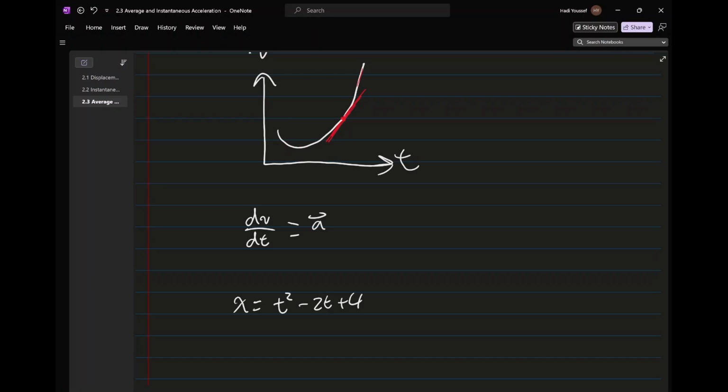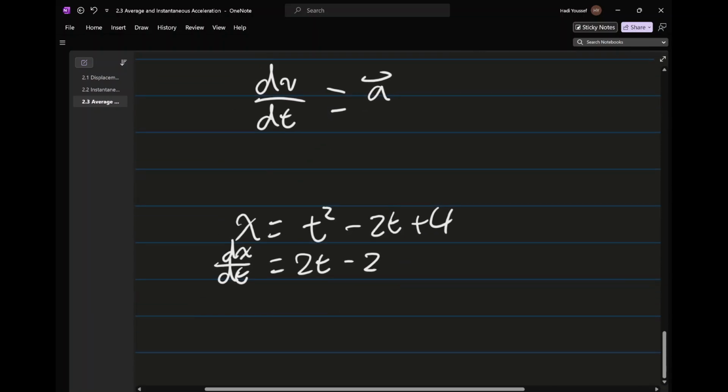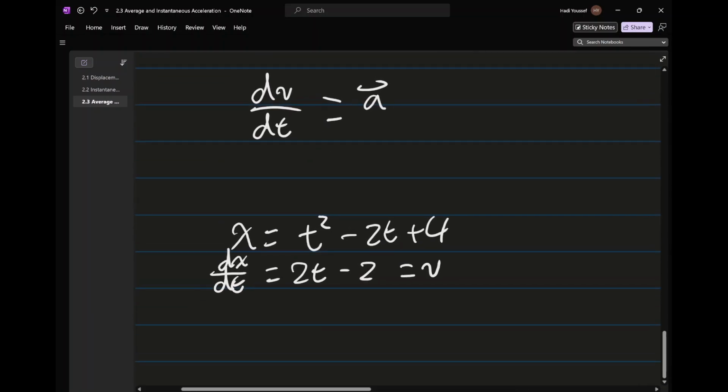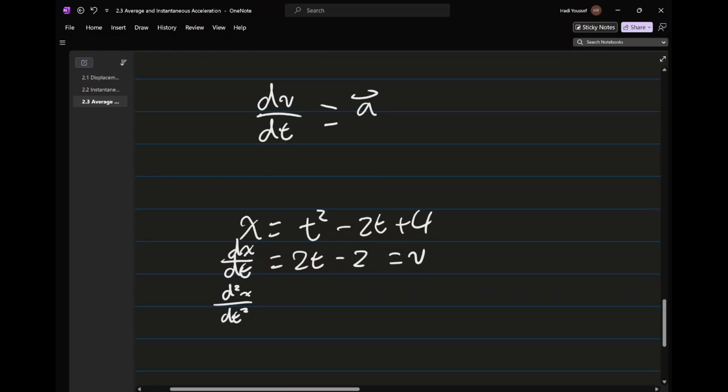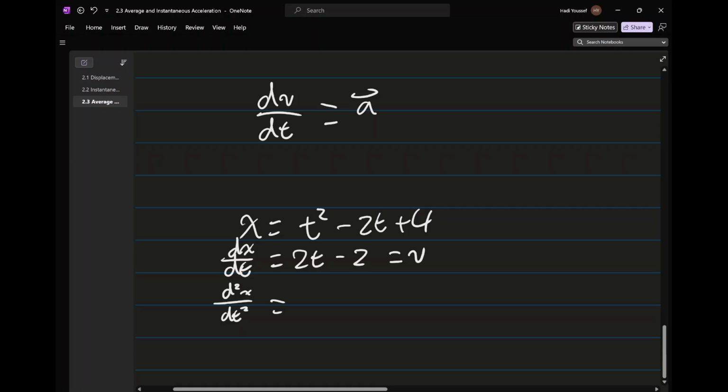First, I would differentiate this once, dx by dt, to return me 2t minus 2, and this is equivalent to the velocity. And I'll differentiate it again, d2x over dt2, which will give me an acceleration of 2.